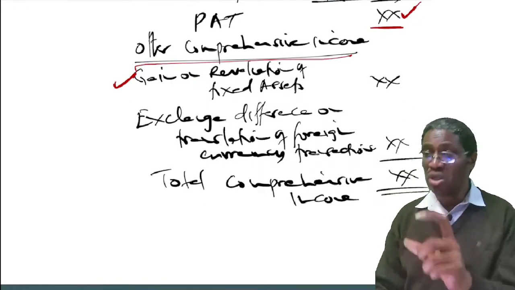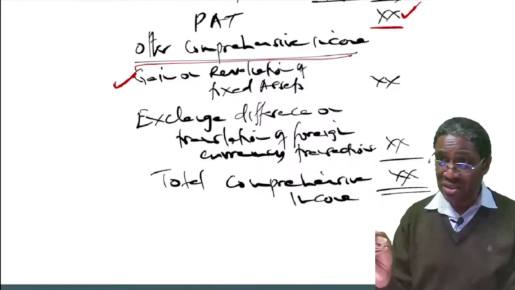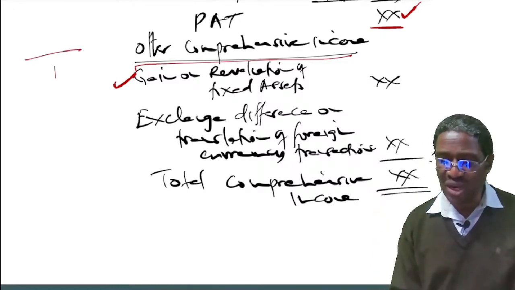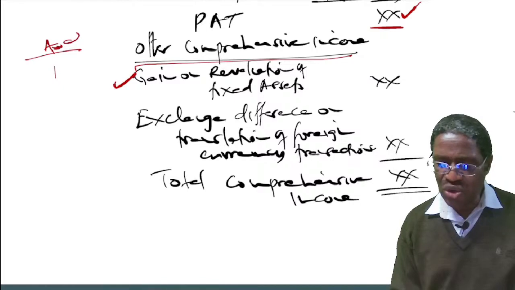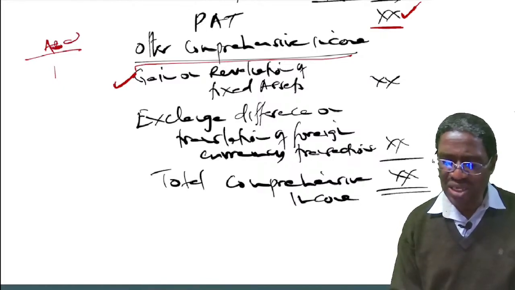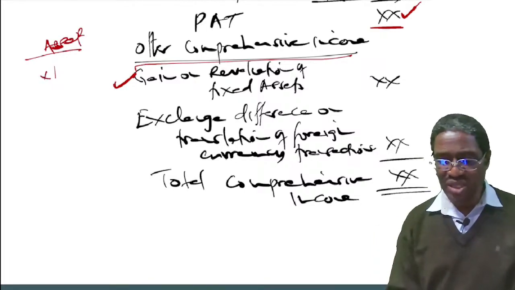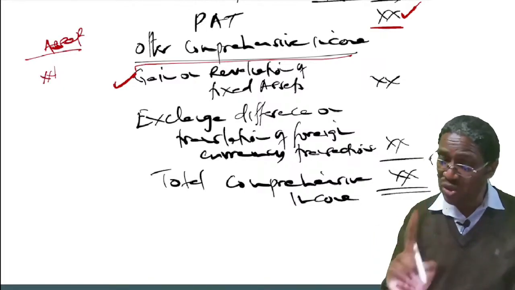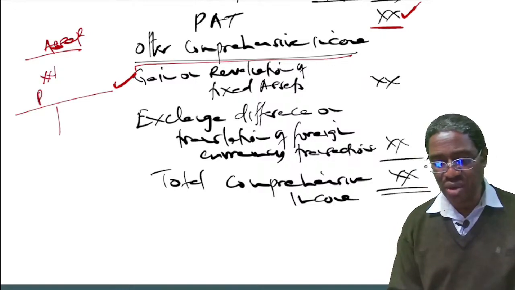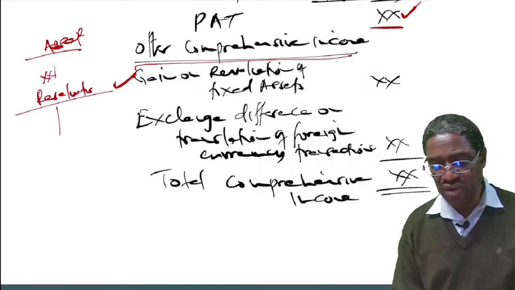I told you, when you revalue an asset, assuming you are revaluing it upwards, the double entry is you normally debit the asset account, maybe it's land or building, with the gain on revaluation, and you normally credit an account called revaluation reserve.